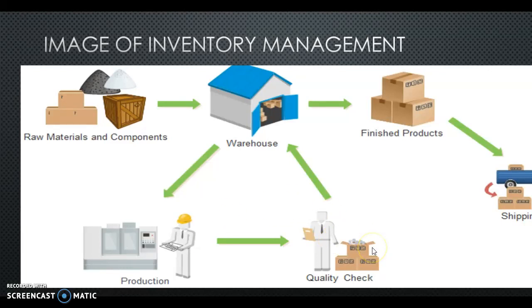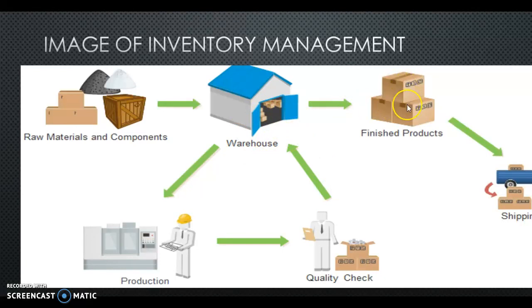Next, you have the quality check. Maybe it's a final check of the product, or the supplies that you have, or the inventory or the raw materials that you've used, and seeing what you have on hand. And this whole big cycle, again, all goes down in the warehouse.